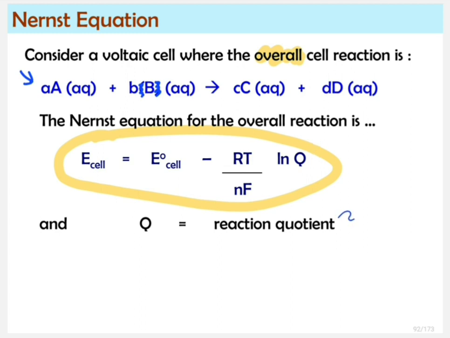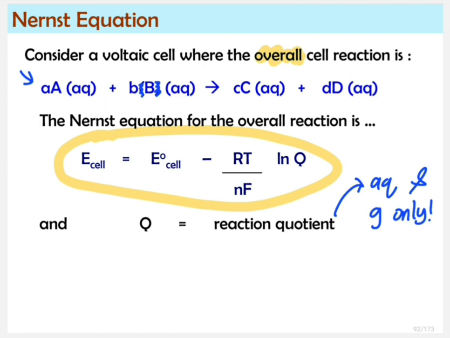You have learned this in chapter 6 semester 1. So reaction quotient ni melibatkan aqueous phase and gas only. Kalau ada species dalam solid ataupun liquid, kita tak akan masukkan dalam Q. Alright, so it is product divided by reactant.